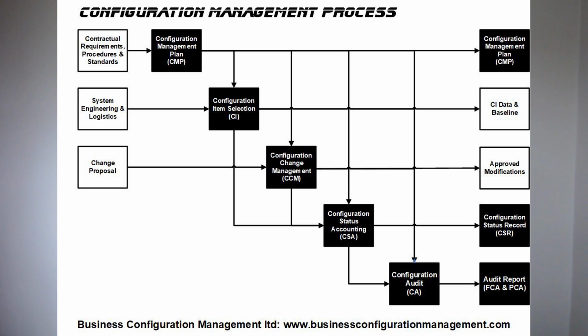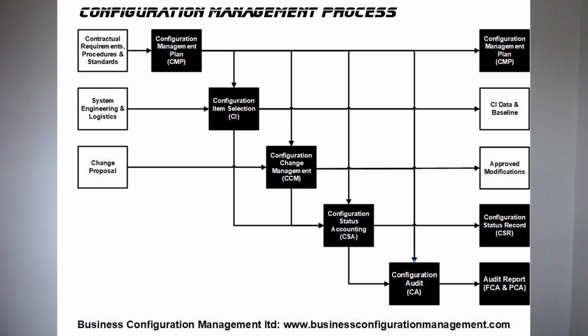This illustration provides an overview of the entire configuration management process and its interrelated parts. The first, the configuration management plan. Second, the configuration item selection. The third, the configuration change management.